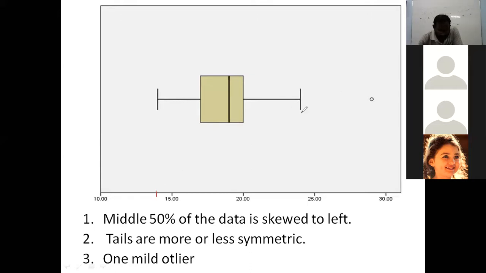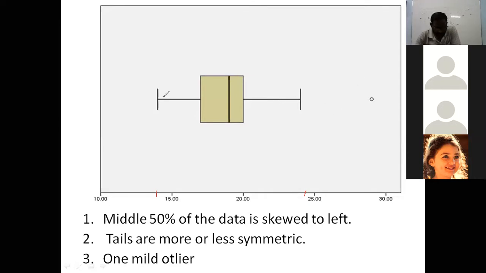What about the right adjacent value? What is the value? 24, or 24.5, I'm not sure. If it is 24, okay, fine. We have already calculated that.